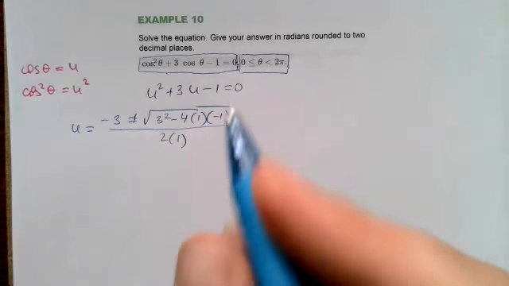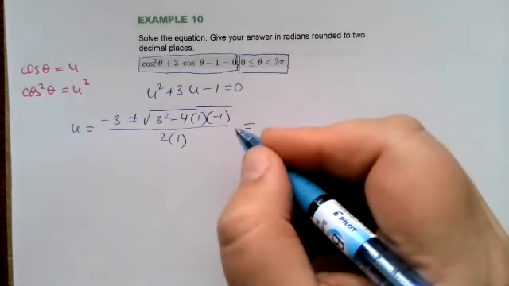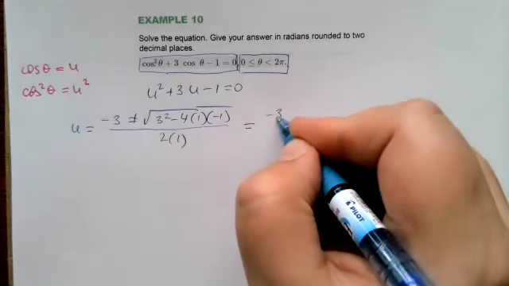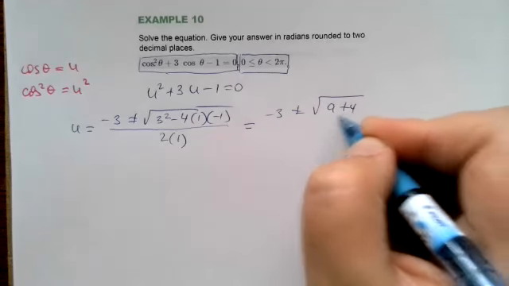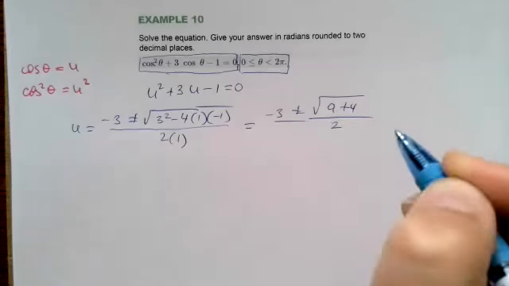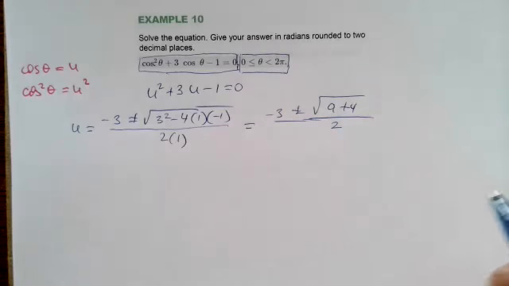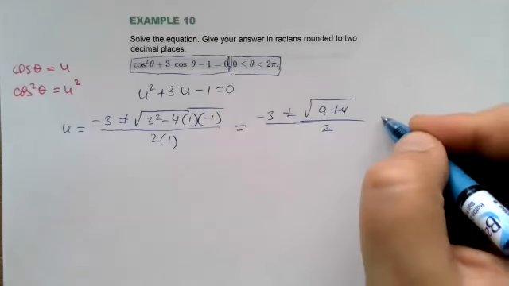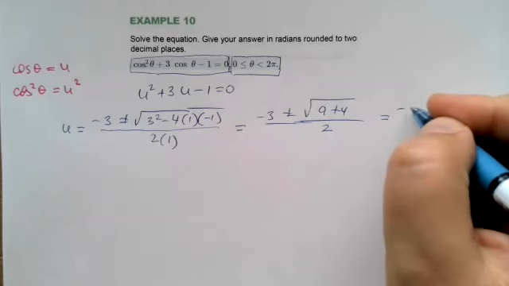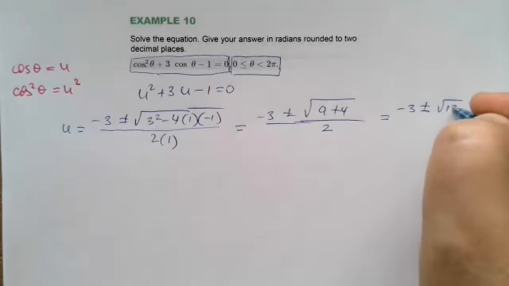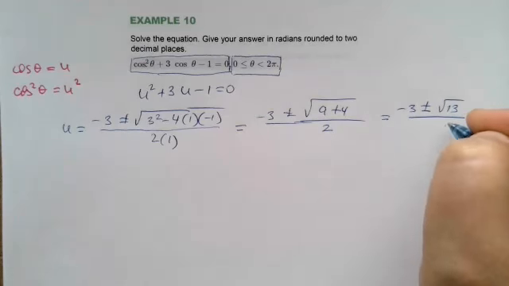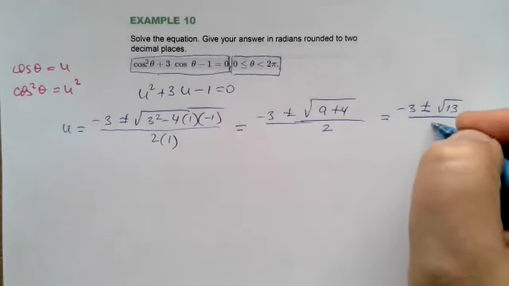So that's the quadratic formula. When we are done calculating everything, that boils down to -3 plus or minus square root of 13 over 2.